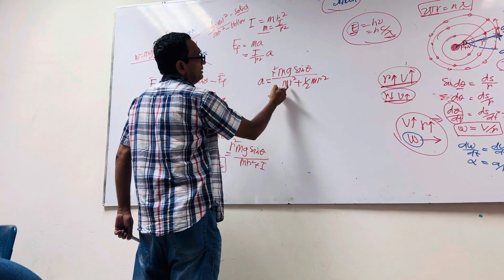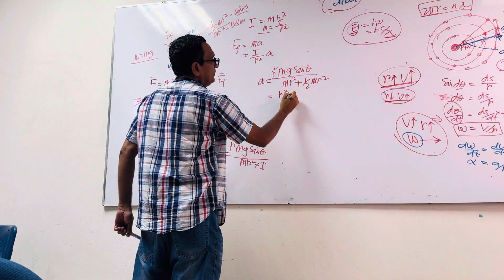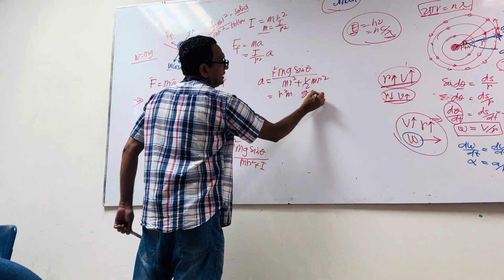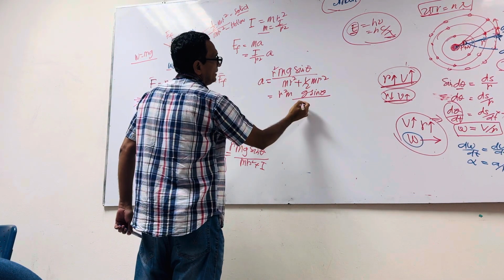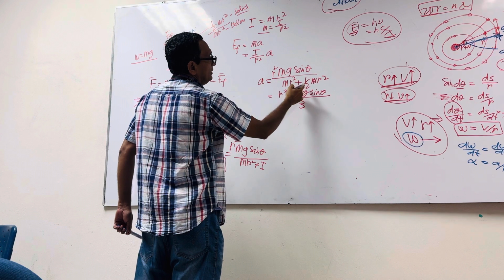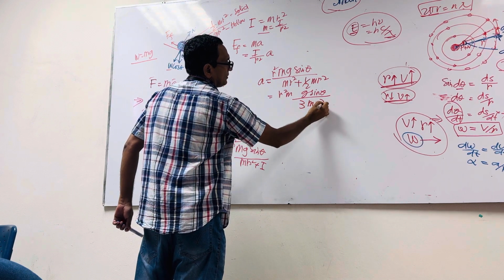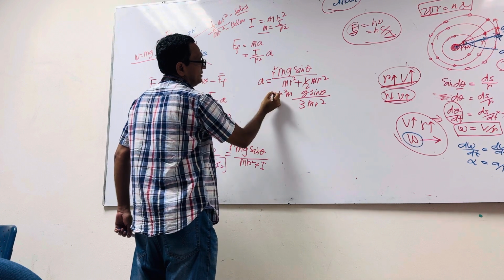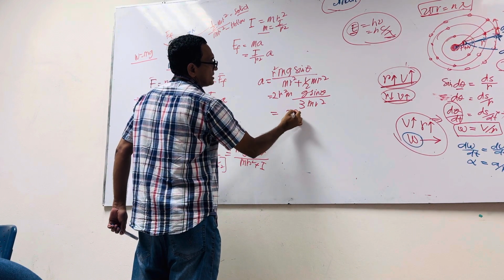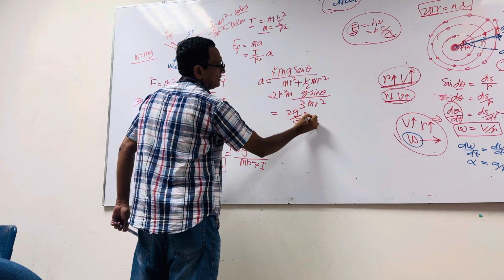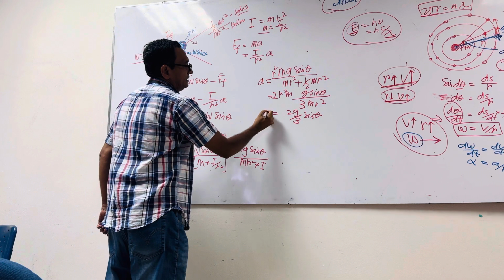So it should be r square m g sin theta divided by, here should be what? 3, and here m r square, and here 2. So ultimately it should be a equal to 2g by 3 sin theta.